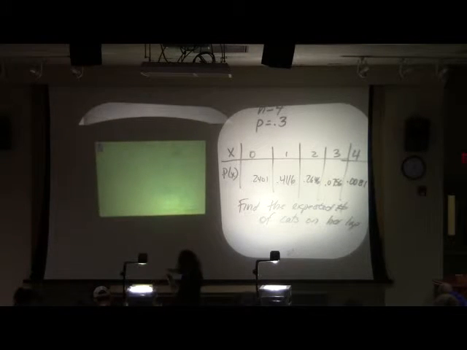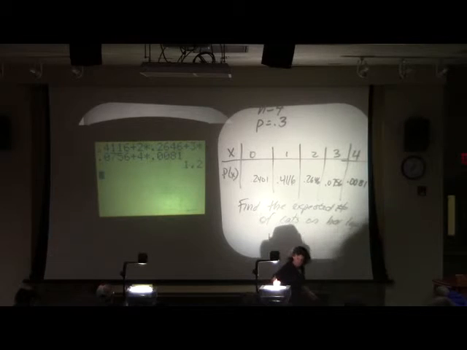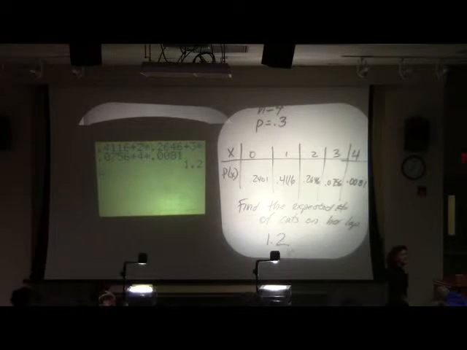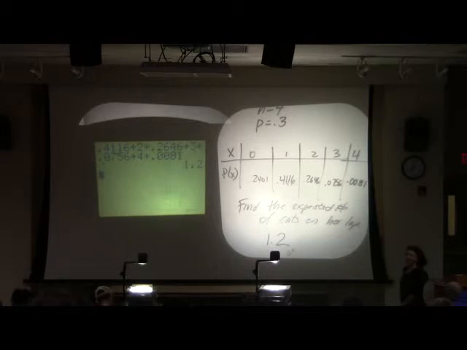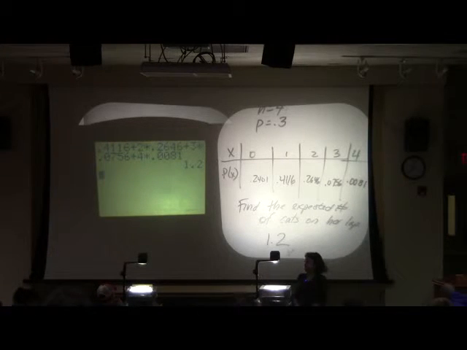Well, 0 times anything, who cares about that? That's out of there. So we have 0.4116 plus 2 times 0.2646 plus 3 times 0.0756 plus 4 times 0.0081, and we're going to get 1.2. So we can expect 1.2 kitty cats to be sitting on her lap.